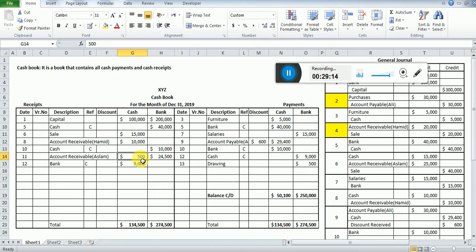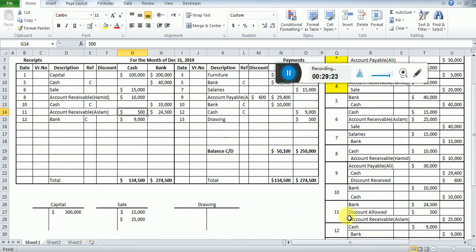This $500 is discount. You have to mention it in the discount account, and that is transaction number 11. Look here, bank account debited 24,500, and discount account debited 500. So that is why this $500 should be put here in the discount.